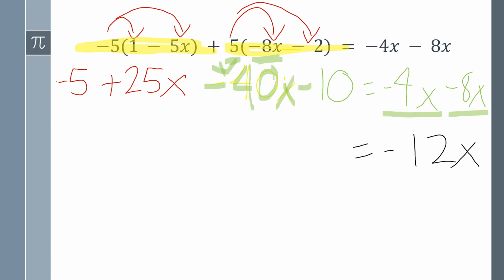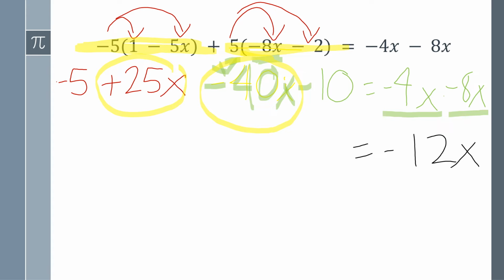So, all right. Let's now do the left hand side. Again, you want to get your like terms, things that they have in common. So this 25x and this negative 40x. All right.